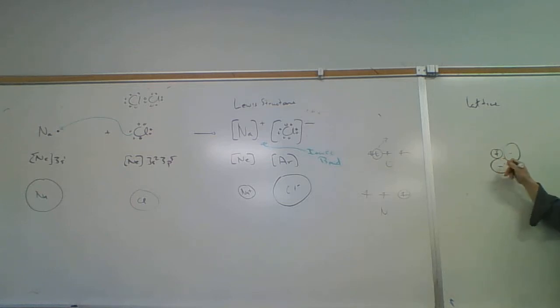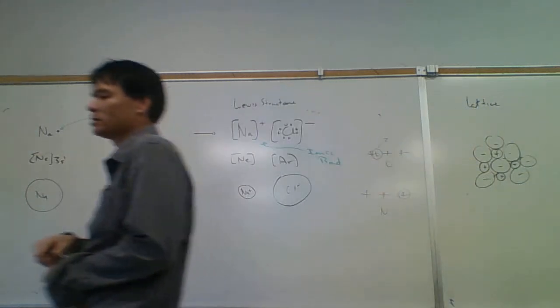We try to put as many of these as possible. You'll notice that the chlorides are bigger than the sodium. That's opposite of what we just saw. The reason is because of what happens to the size when we have too many electrons or too many protons.